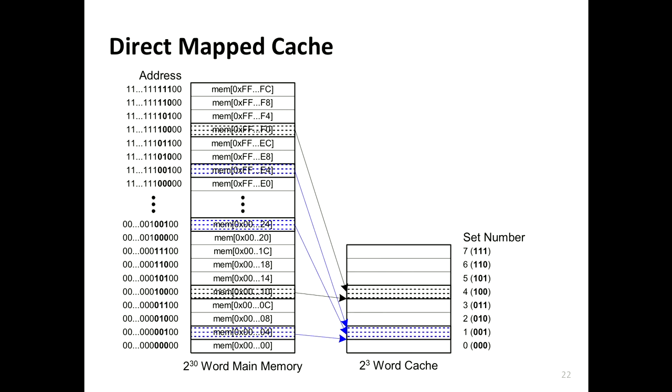But for a direct mapped cache, which main memory data goes into which set number depends on any 3 bits, because it's an 8-set cache.